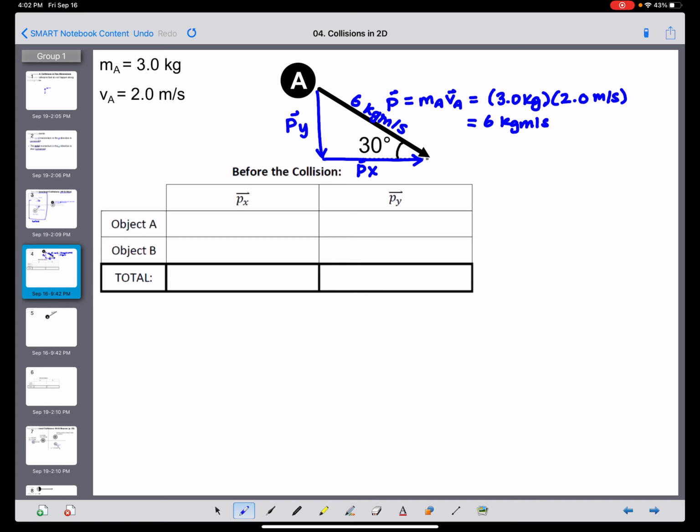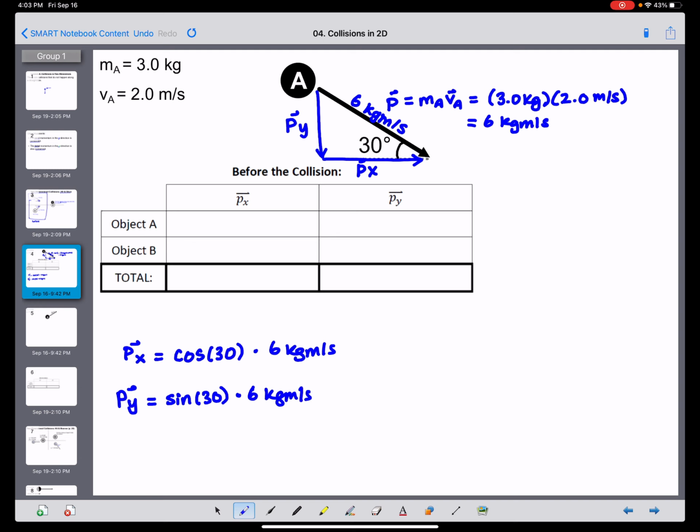We're going to calculate those using trig. For px, we're going to use cos of 30 times the overall momentum. And for py, we're going to use sine of 30 times the overall momentum.